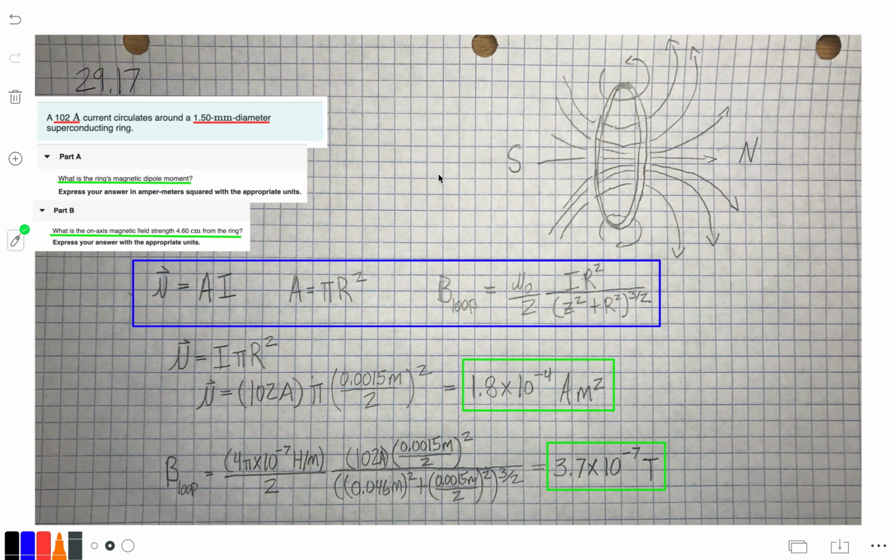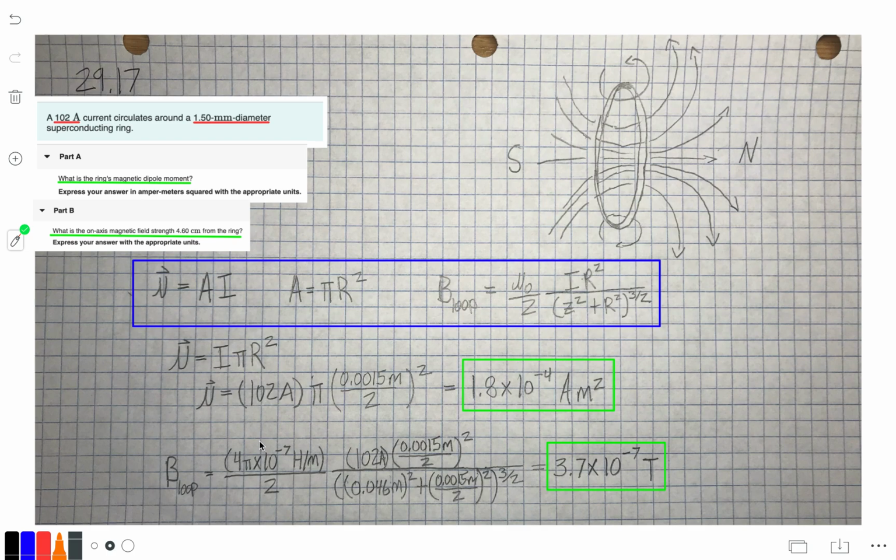This is a different equation than some of the other magnetic field strengths because we're talking on axis, meaning that the magnetic field is going through the same axis, as opposed to anything else really. But in our case, it applies, even though it is a superconductor.